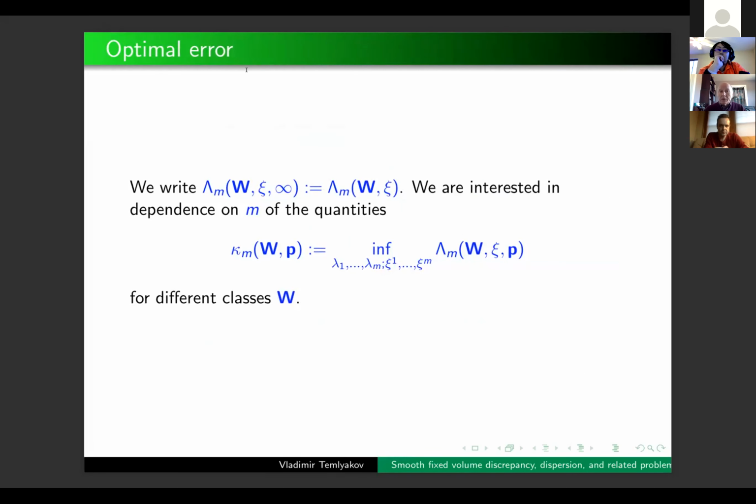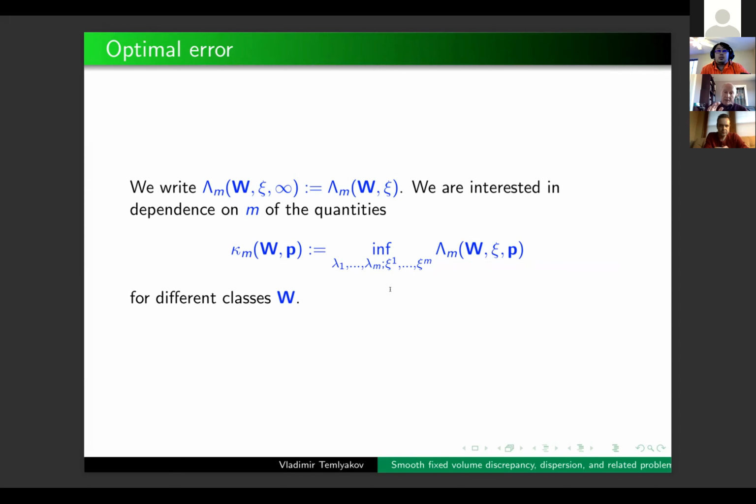So now the optimal error, which I already mentioned. We now optimize this quantity. For p equal to infinity, it is the supremum, the classical worst case error for cubature formulas. And this is the more general L_p norm, but now we minimize over all the weights and all the points. Certainly, if we are talking about special cubature formulas, when all the weights are the same, 1 over m, then the infimum is taken only over the points.